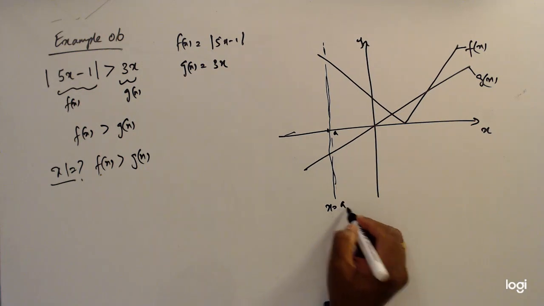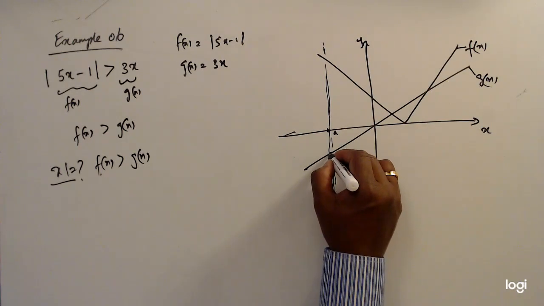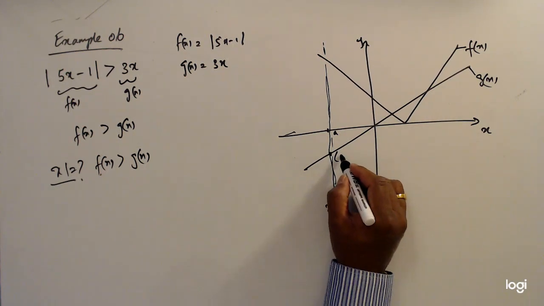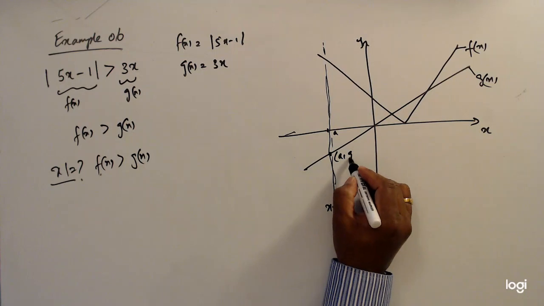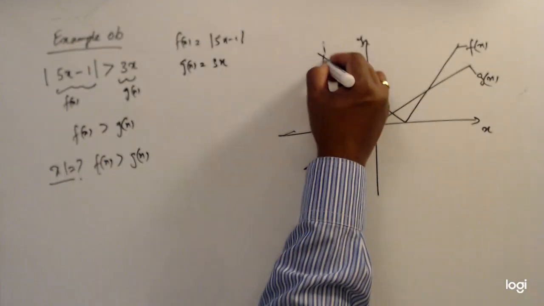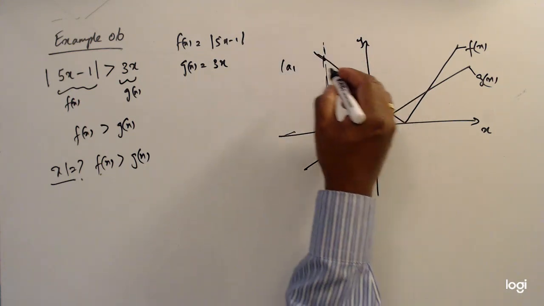This is the x equal a line, and it crosses gx here, so this intersection point is g a, and the x equal a line crosses fx here, so this is f a.